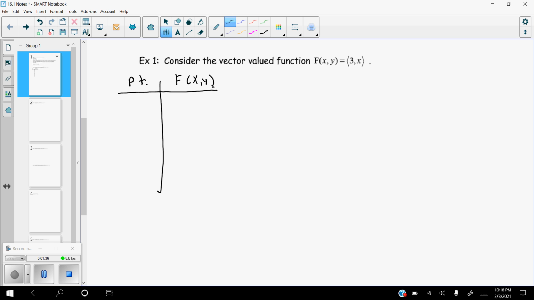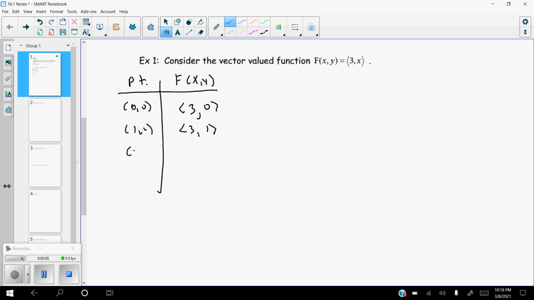So if I start at the point 0, 0, then the vector itself, by definition, is going to be the vector 3, comma, whatever the x value at that point was, which was 0. Same idea, if I take another point like 1, 1, my vector is going to be 3, 1, because it's 3 and then the x value.